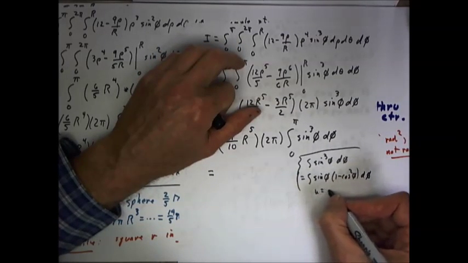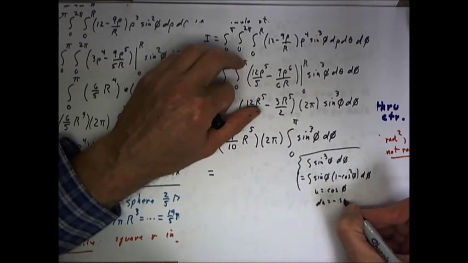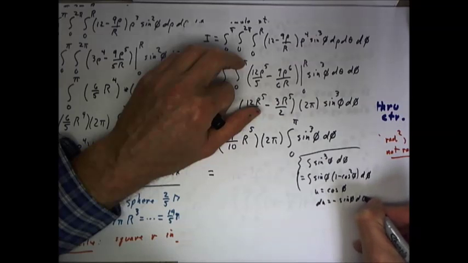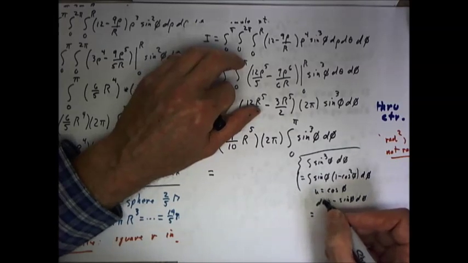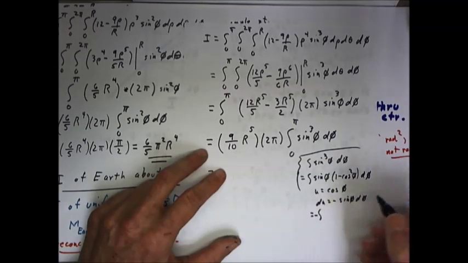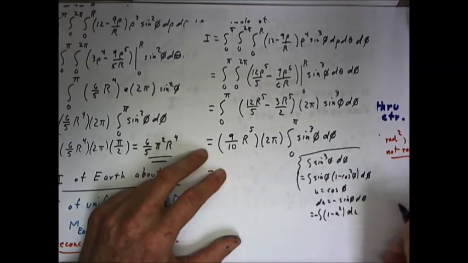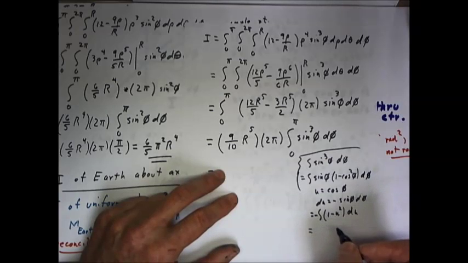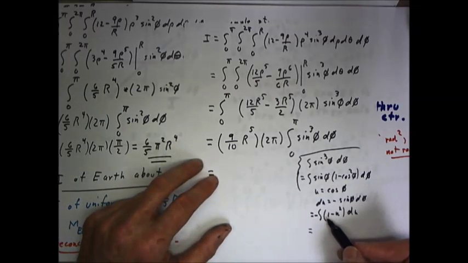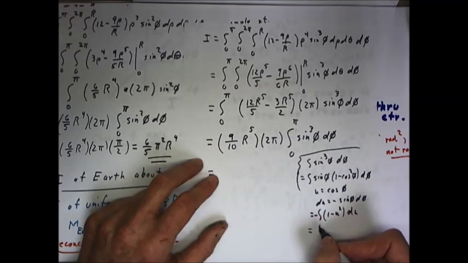Let u equal cosine phi, so du is negative sine phi d phi, so that now our integral simply becomes the integral of negative of 1 minus u squared du, which is going to be u minus u cubed over 3, but that's negative, so it's going to be u cubed over 3 minus u.